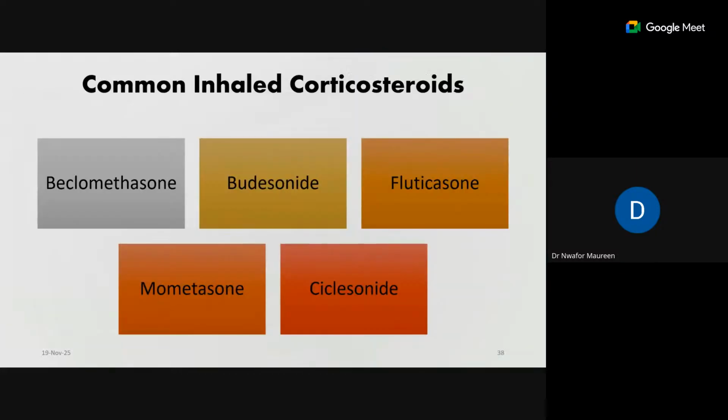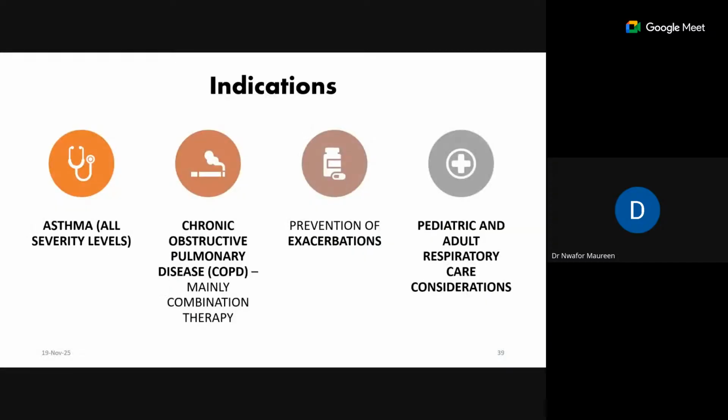Inhaled corticosteroids. Examples are beclomethasone, budesonide, fluticasone, and the rest. We use them for asthmatic patients, all severity levels, and chronic obstructive pulmonary disease, mainly in combination therapy, for prevention of exacerbations.